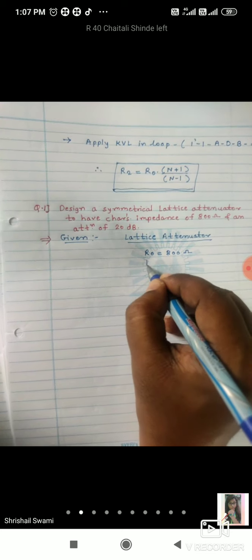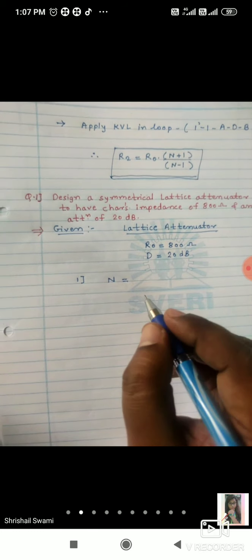R0 is given as 800 ohm and the attenuation is given in dB, that is D equal to 20 dB. What is our first aim? We are finding the capital N, that is the Napier value of attenuation. So N is equal to antilog base 10 of D by 20.